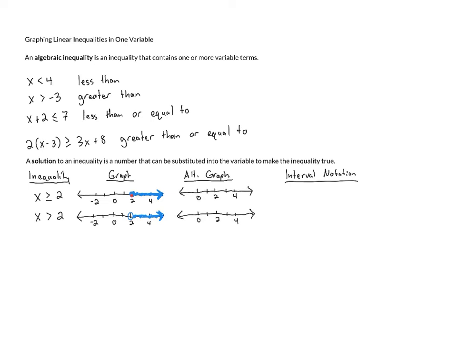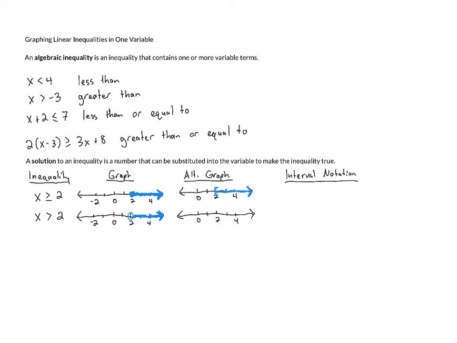Now, we know that a closed circle represents a situation where it's allowed to be equal. There's another way of doing this. We can use a bracket. This is just another way to represent that the endpoint is a solution. So we still shade to the right, but we use a bracket.